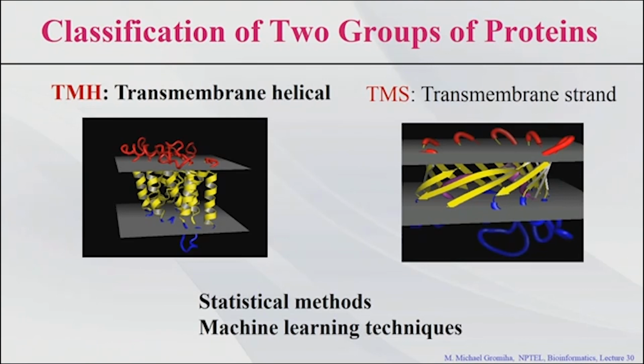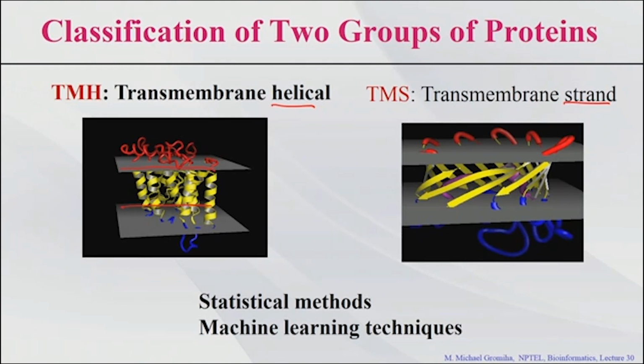Here I mention two different types of proteins: the transmembrane helical proteins and the transmembrane strand proteins. We already discussed transmembrane proteins in previous classes. What are transmembrane proteins? They are proteins embedded into membranes, the biological membranes. You can see this is the membrane part, and this protein is embedded into the membrane. Here we discuss two different types of membrane proteins.